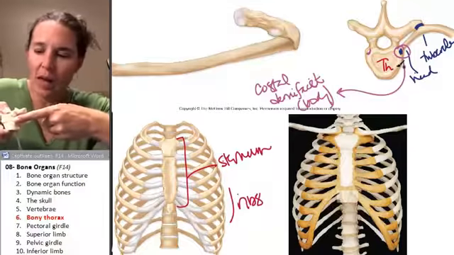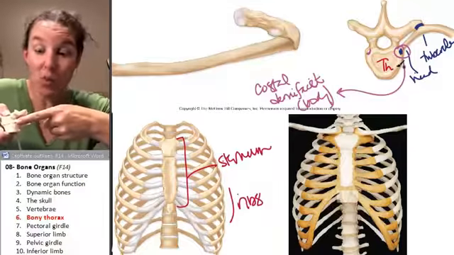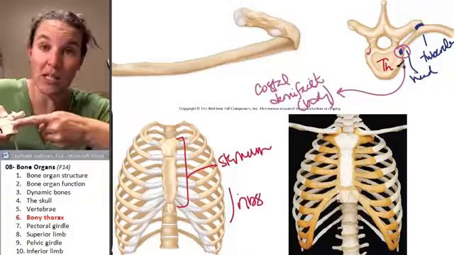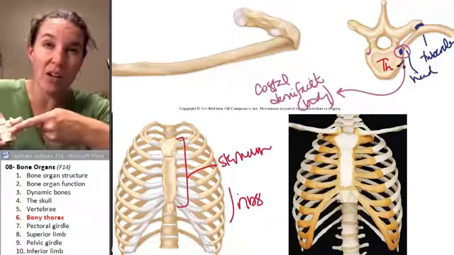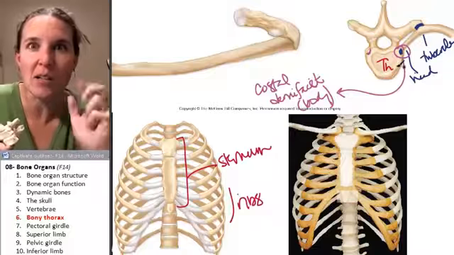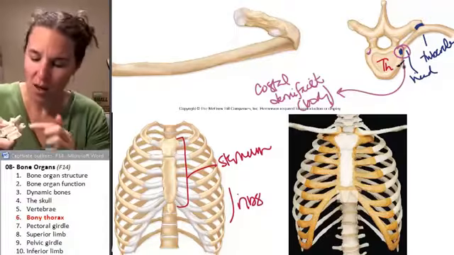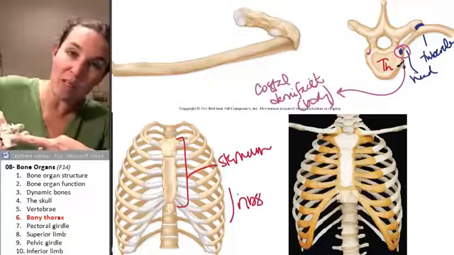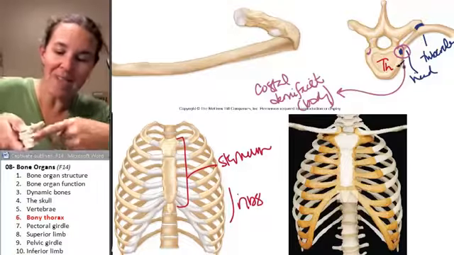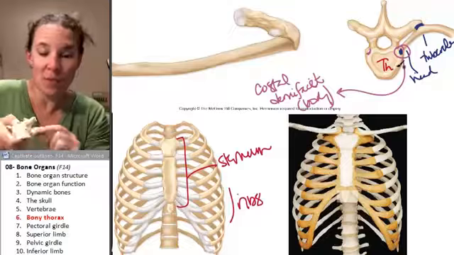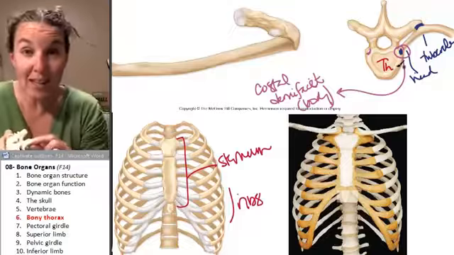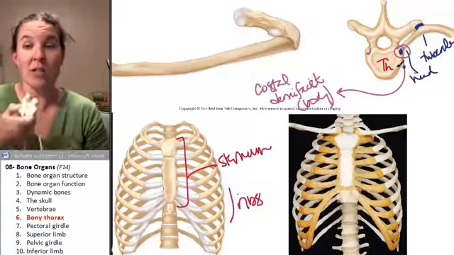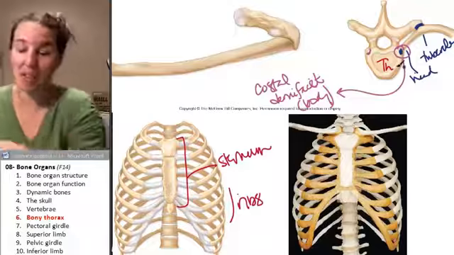Whoa, did you follow that? Because one rib articulation attaches half to each vertebra, it's called a demifacet, half a facet. The whole facet is the whole thing. The head of the rib attaches there, and then the tubercle of the rib attaches to a facet on the transverse process. And that's my costal facet.